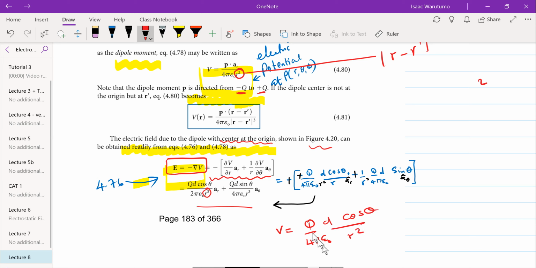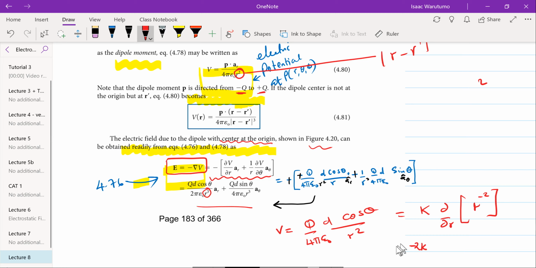Therefore, if you differentiate V with respect to R, it is equivalent to a constant times d dr of r to the power minus 2, and this derivative becomes negative 2k.